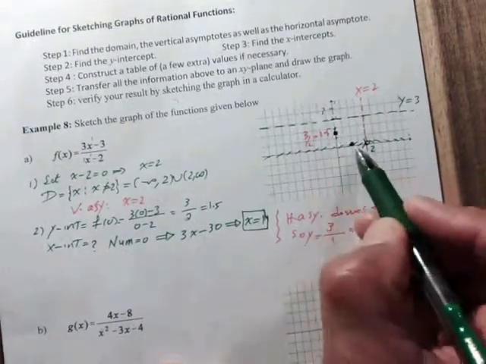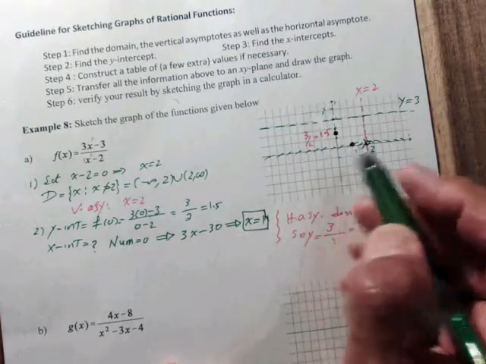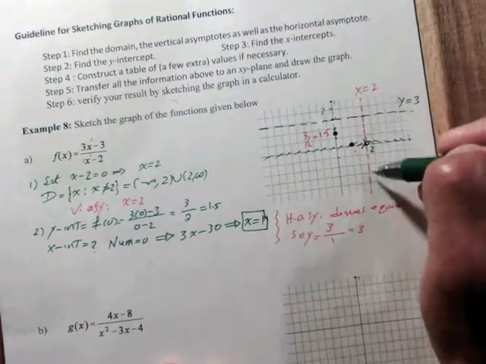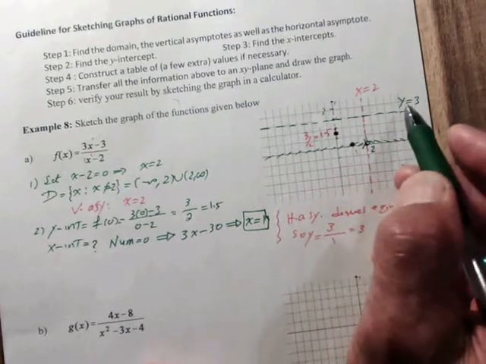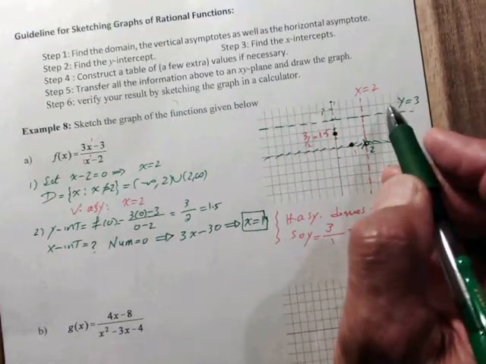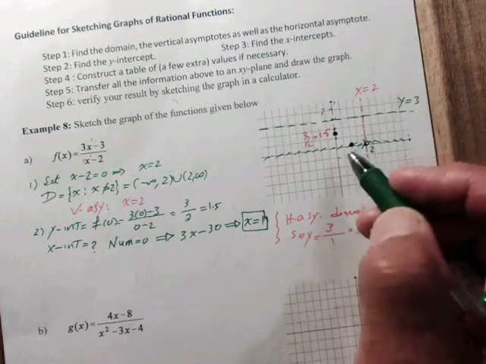Okay. So I have x-intercept is 1, y-intercept is 1.5, x equal to 2 is the vertical asymptote, y equal to 3 is the horizontal asymptote. Okay, so I did all I could. Let's see. Actually, I can draw one piece.